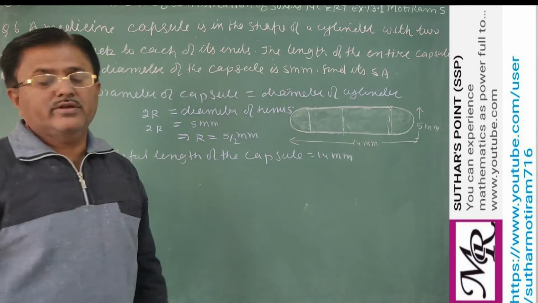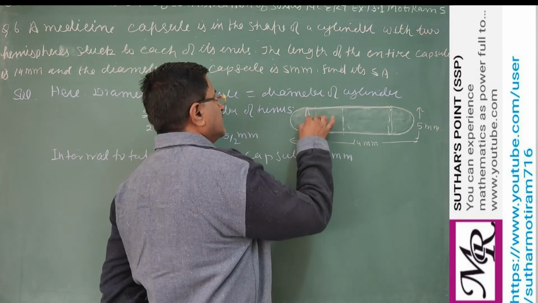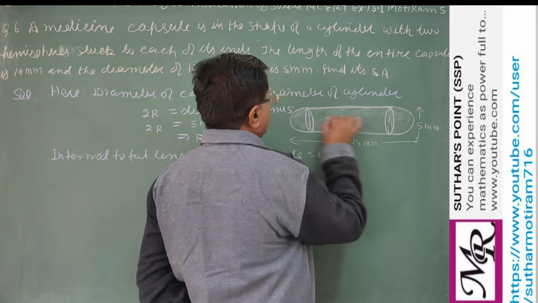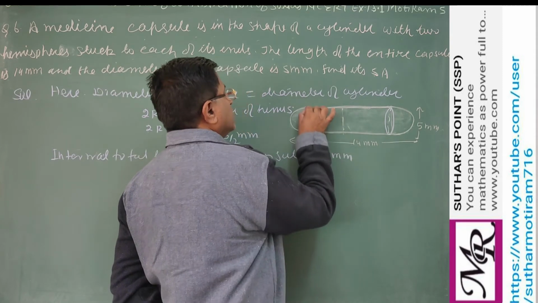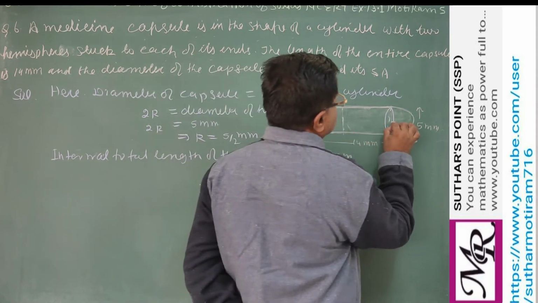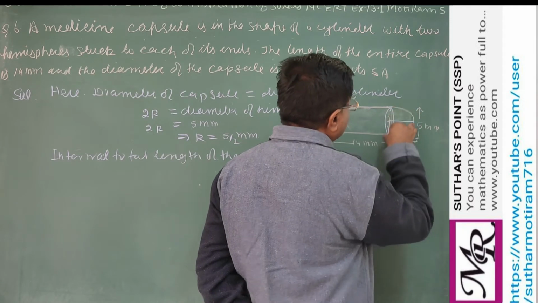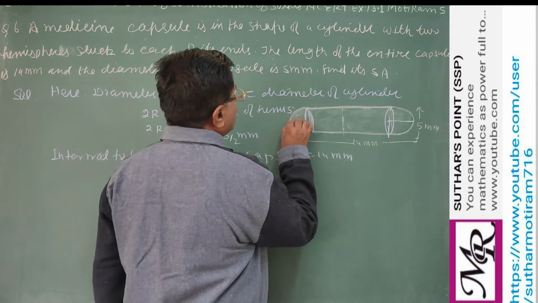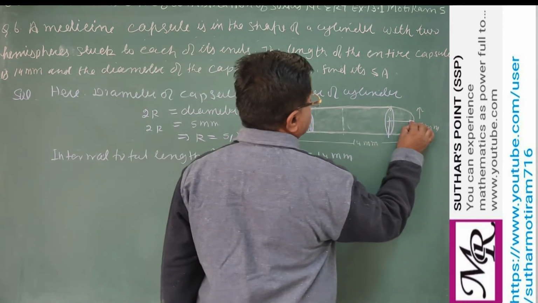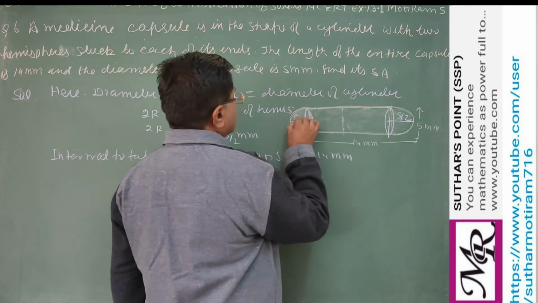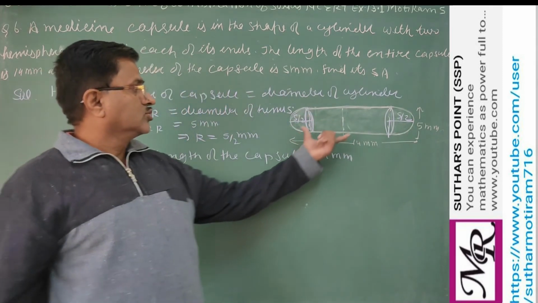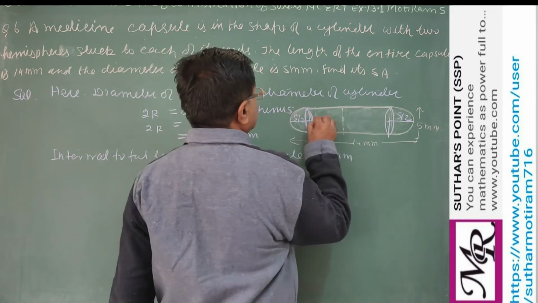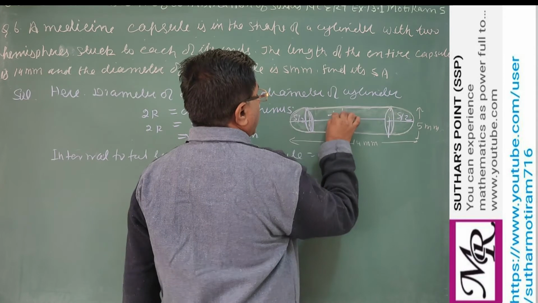Now dear student, carefully see, as this is a cylinder, its ends are circular, and these are also this one. So you can see from here, this is the radius and this will also be the radius of the hemisphere. So from here there are two parts, this is radius 5/2 and this is also 5/2. The height of the cylinder we want to find is this portion to this end.